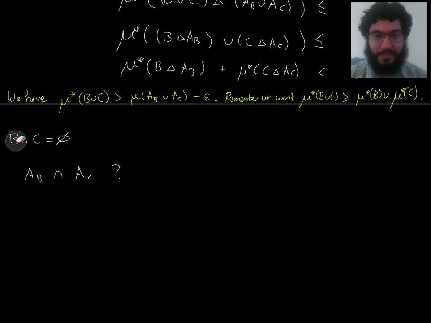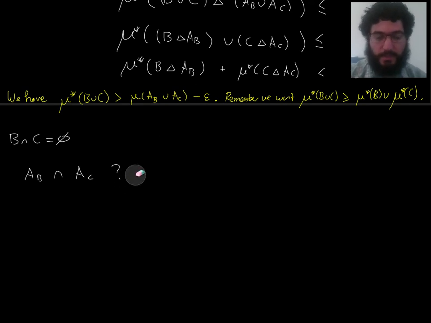If AB is like a set that's similar or close to B, and AC is similar or close to C, then you might expect that their intersection is going to be similar or close to the intersection of B with C, which is empty. So this intersection might be close to empty. Now, when I talk about sets being close to each other, really I mean in the sense of outer measure, which is the sense in which we're measuring sizes of sets here.